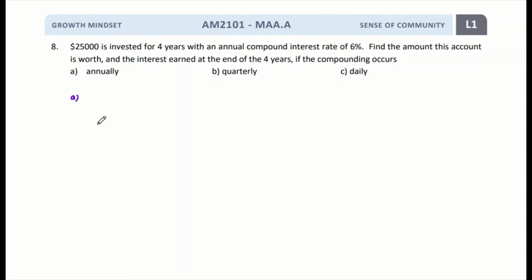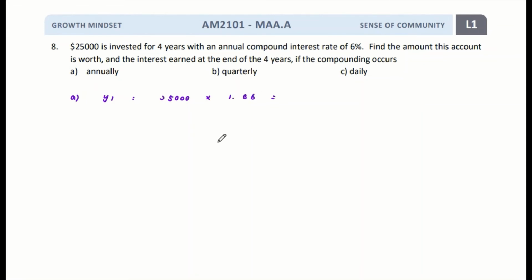Okay, so the same thing, we do not have a formula here yet. So you try to imagine how much money you have after the first year. If let's say you invest 25,000 with a compound interest rate of 6%, then for your year 1, it will be equal to 25,000 multiply 1.06, right?